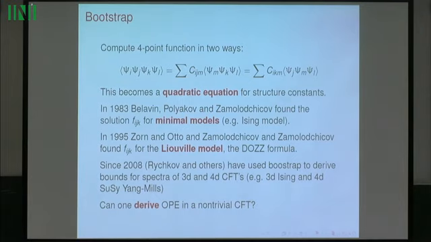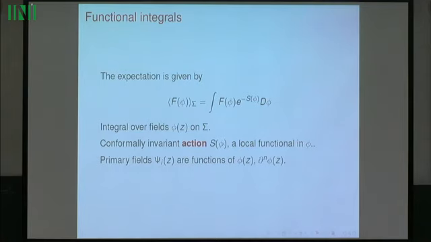So the question is, can one derive these operator product expansions and this idea of bootstrapping in a non-trivial conformal field theory, derived from basic principles, some starting point? So the setup: we are going to work with this conformal field theory, which is given by functional integrals.